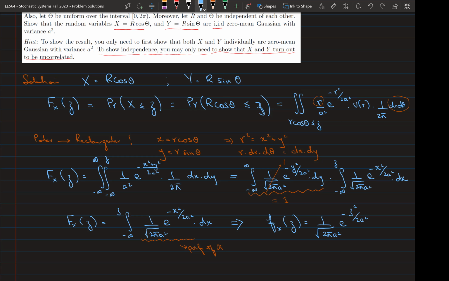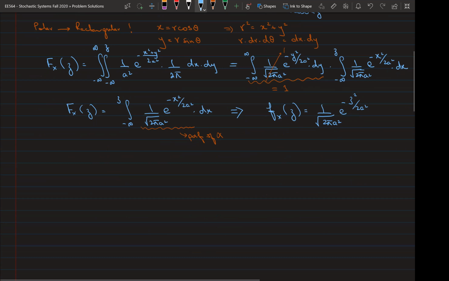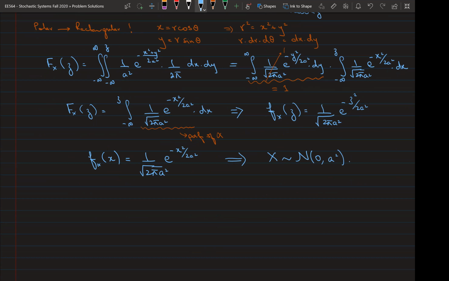And if that's confusing, I can just use x, right? z is just a variable, so I'll use x instead of z now. This is e raised to power minus x squared divided by 2a squared. And it's clear that we've been able to show that x is indeed Gaussian, which has a zero mean and has a variance a squared. So that's our conclusion.